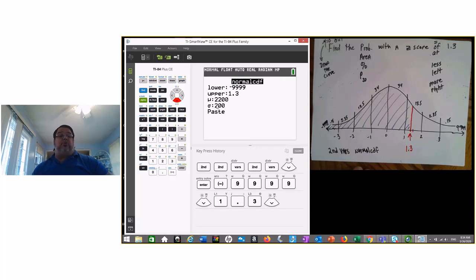On the old calculators, this was 0 and this was 1, and you couldn't change it. Now you can. So I'm going to change this to 0, and 1. And paste.